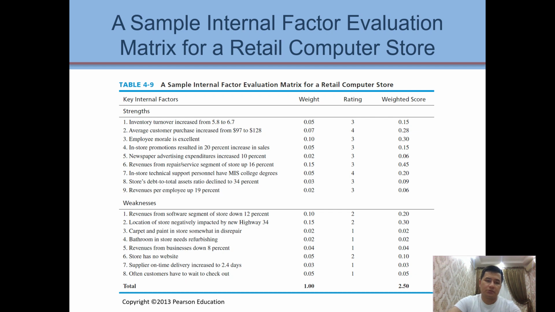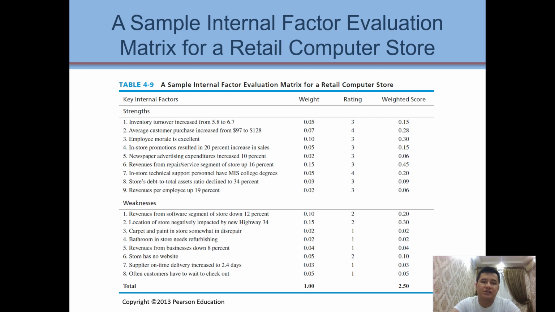And before doing that, I'm going to remind you of the SWOT analysis, right? In here you can use the strengths and the weaknesses part of this SWOT analysis. For example, what are the strengths of the company? Inventory turnover increased from 5.8 to 6.7. That weight is 0.05, and rating 3, weighted score 0.15, right?